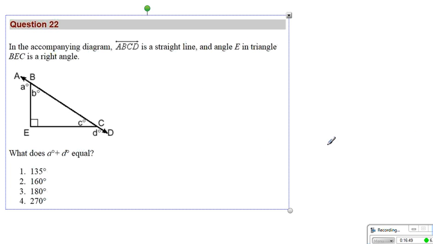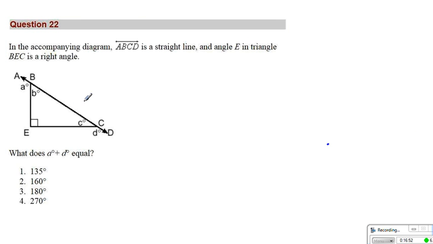All right, number 22. Here we're trying to simply add a and d. But once you think about it, when you add up a plus b and then plus c plus d, you'll realize that this becomes quite a nice number, because a plus b is 180, because those two make up a straight line.